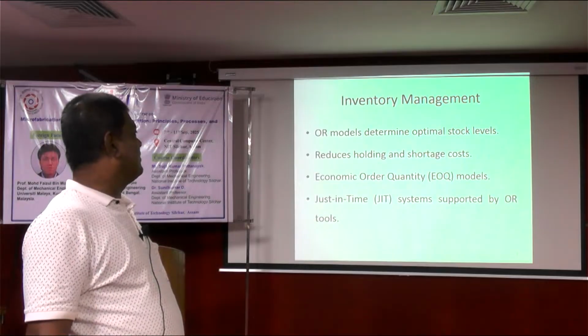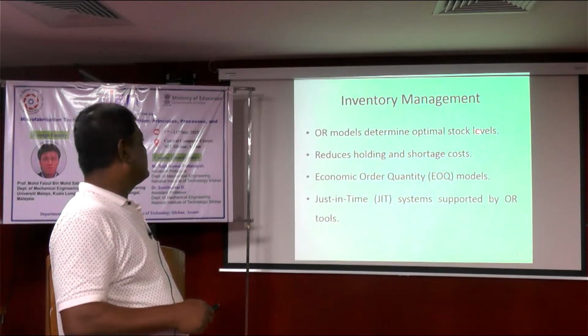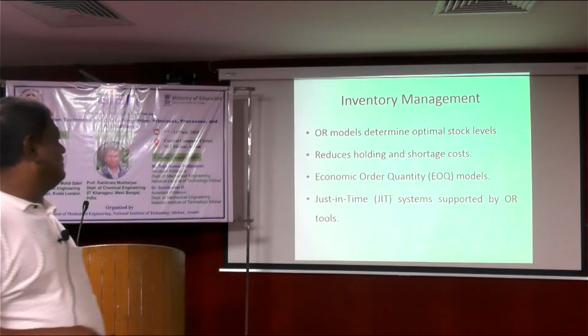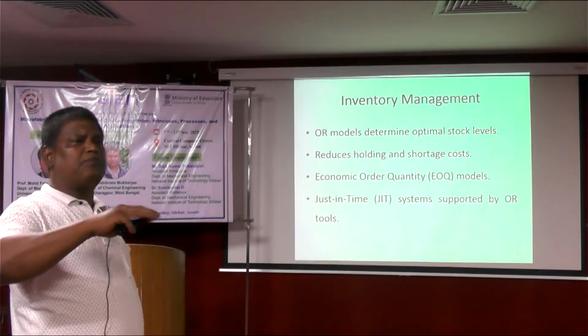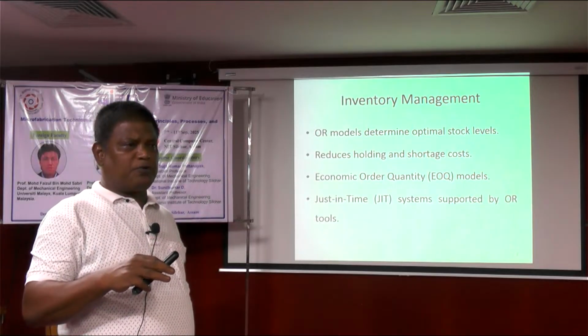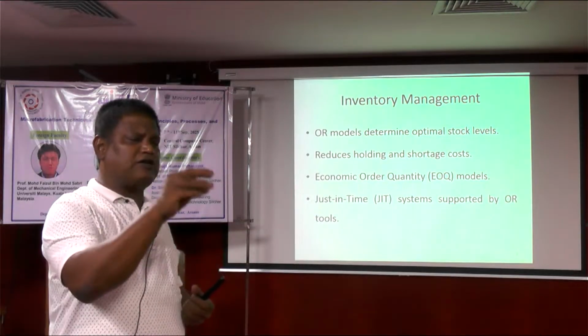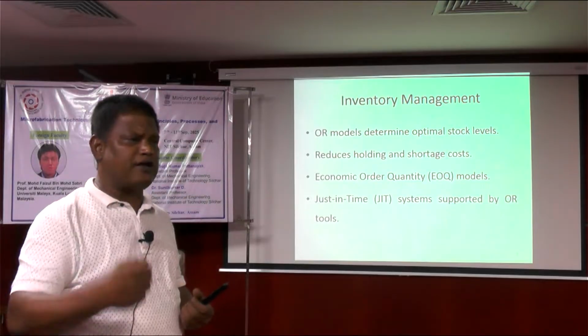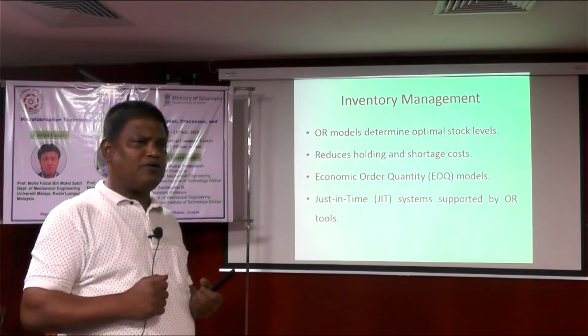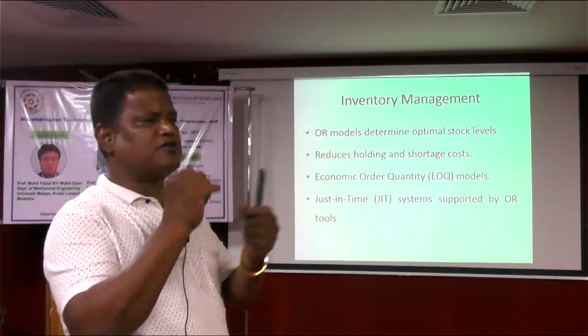Then in inventory management, as I already told you, OR models determine optimal stock level, because you cannot keep more stock, and also you cannot keep less stock. Suppose I used to buy rice through online mode at every month end, and I know that generally it takes 2 or 3 days.